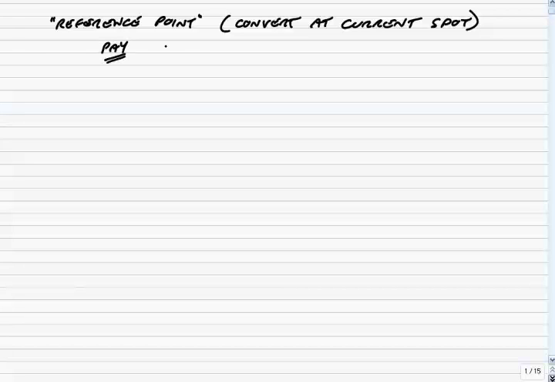So at current spot, we're paying $500,000. Today's spot rate is 1.4821 to 1.4896. Here, because we're paying dollars, we're buying dollars, so we'll convert at the dollar buy rate 1.4821.